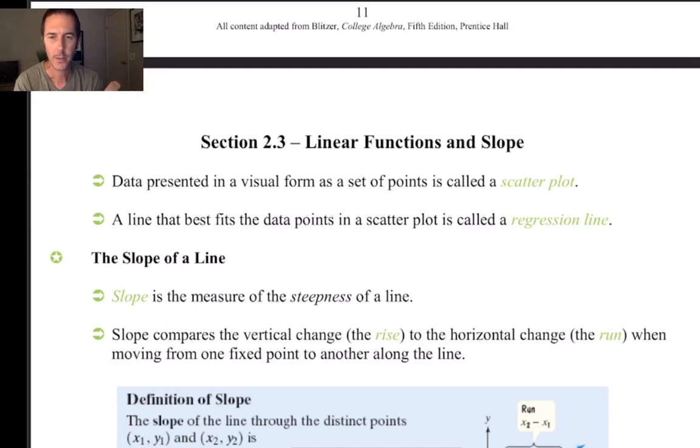And if there's a line that's drawn through what you could maybe call the middle of those points, that's called a regression line. And depending on how close those points on the scatter plot are to the line, on average, there's a value that's assigned to describe that closeness.